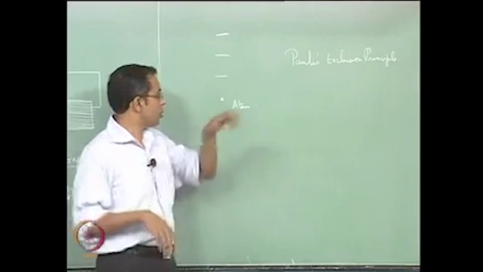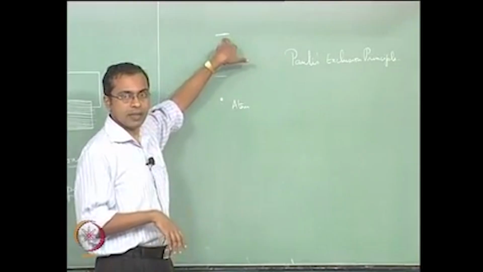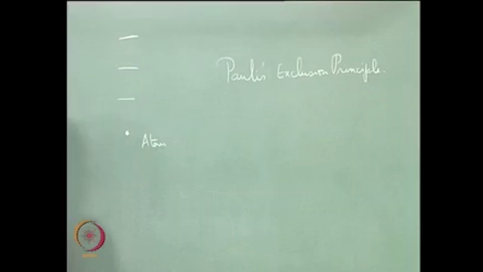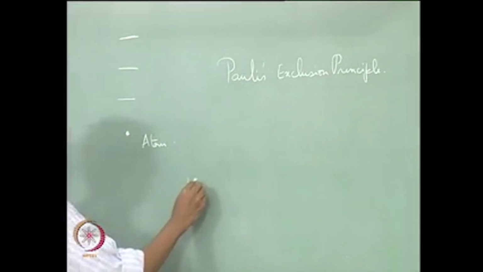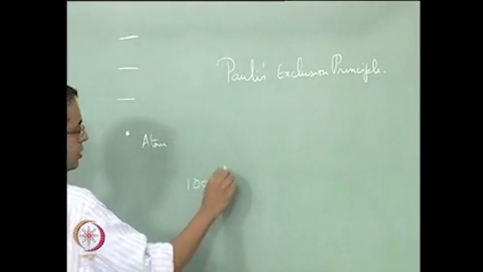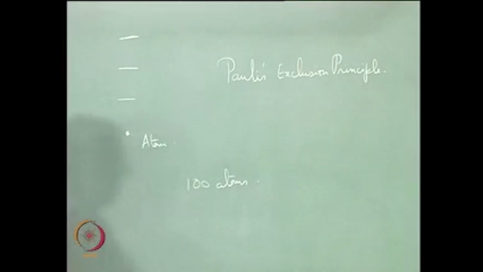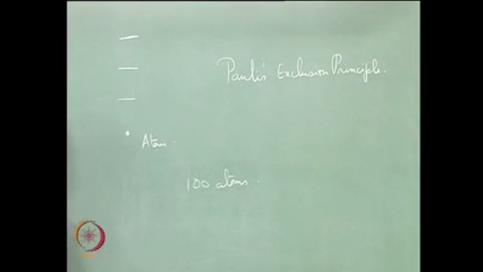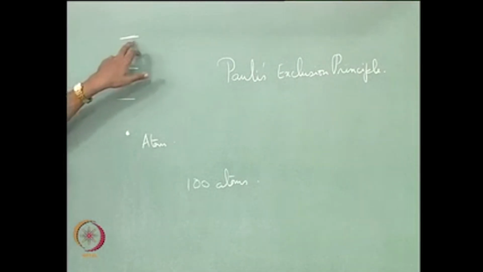In other words, what was originally a single energy level will now split into enough energy levels above and below this original energy level, such that it can still accommodate all the electrons. For example, let us say I take 100 atoms and I start moving them closer and closer together.